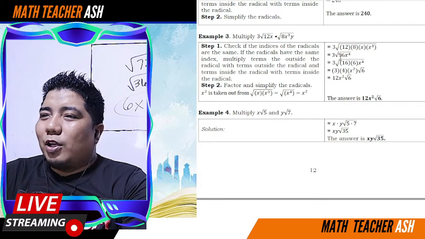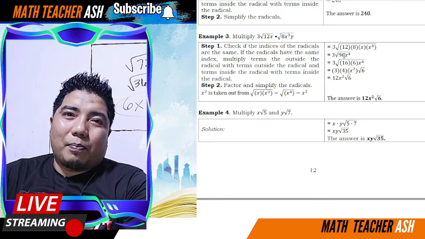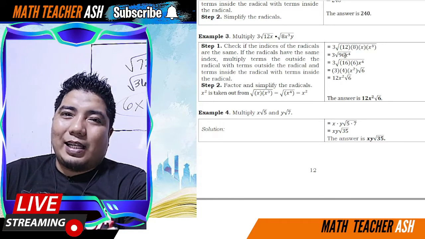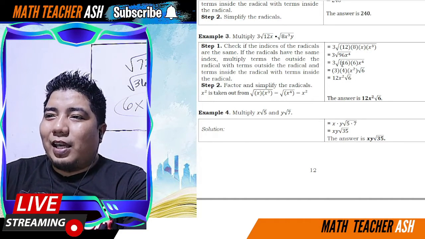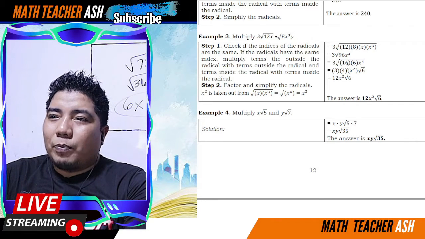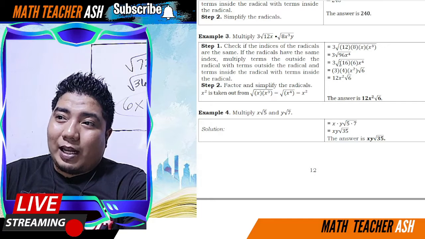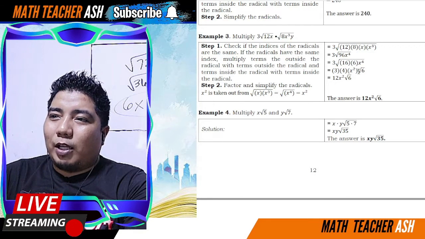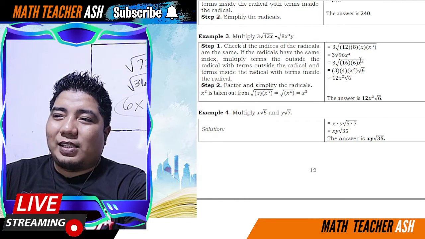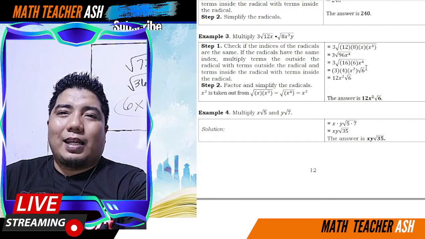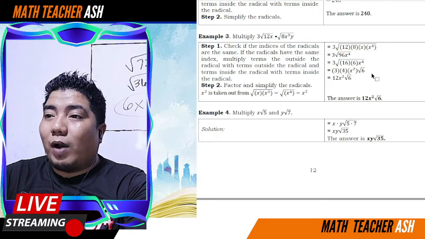Okay, anyway, so the square root of 96 is not a perfect square. So pwede mo siyang biyakin into factors. That is 16 and 6. So 16 is a perfect square, that is 4. So lalabas na siya. Si x to the 4th naman is divisible by the index 2. So 4 divided by 2, that is x squared. So lalabas siya. However, si 6 walang perfect square, so magpapaiwan siya sa radical sign. Pero kasama niya dito si y dapat.